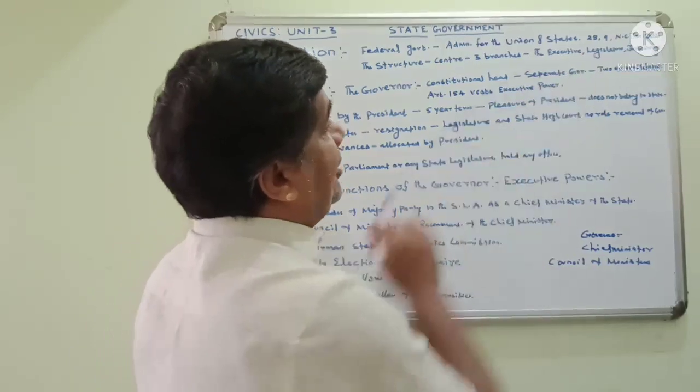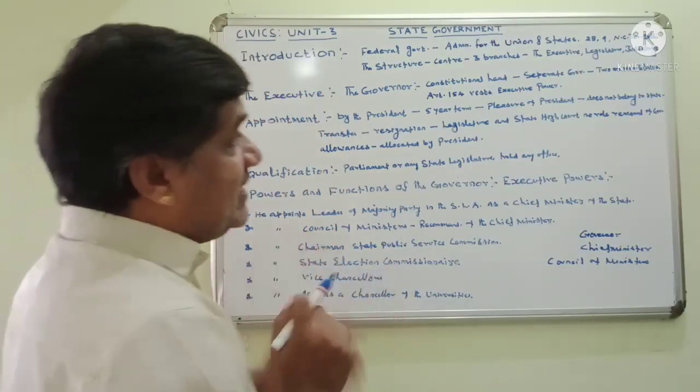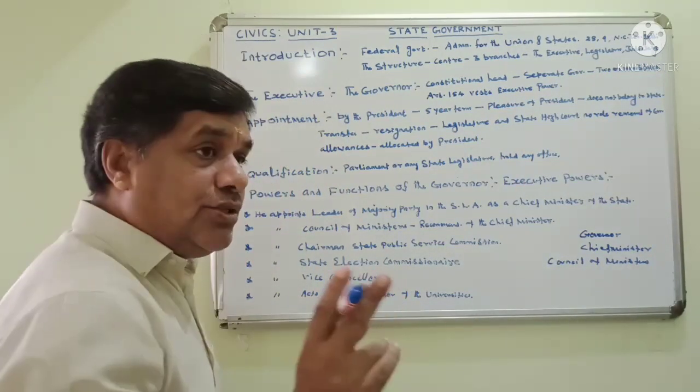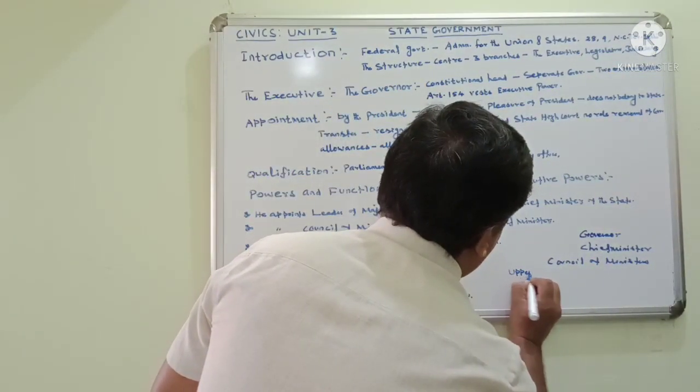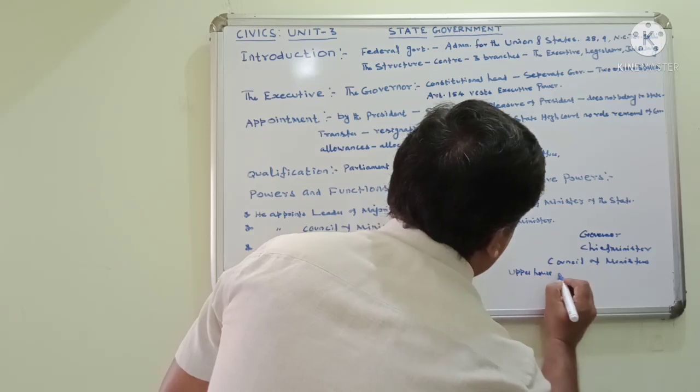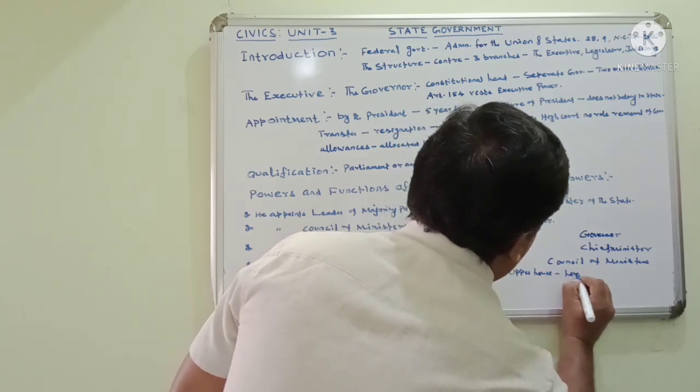And the legislature. The legislature consists of 2 houses. One is the upper house and another is the lower house.